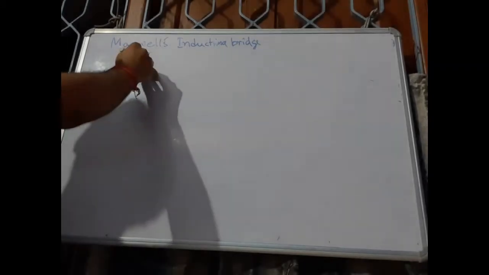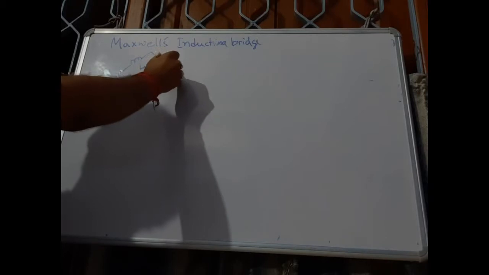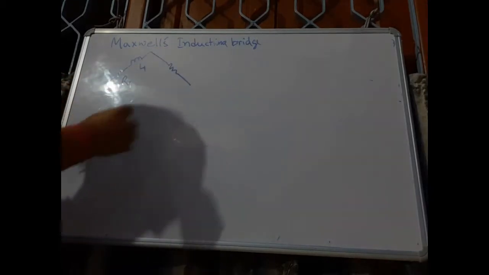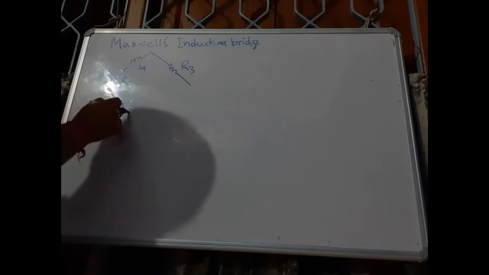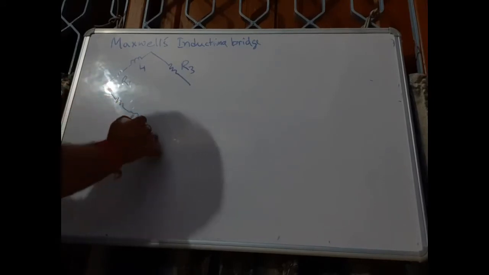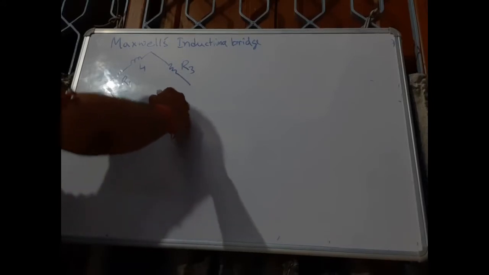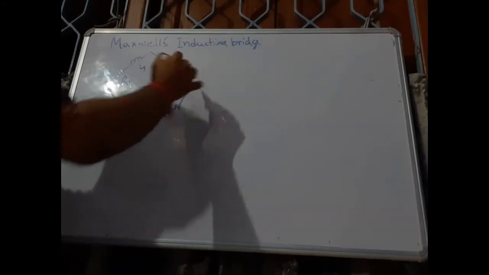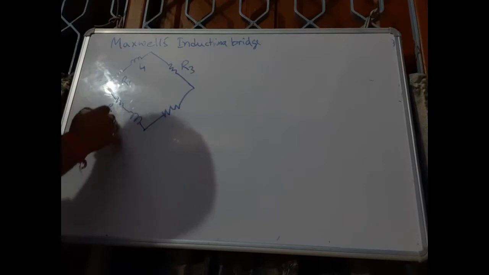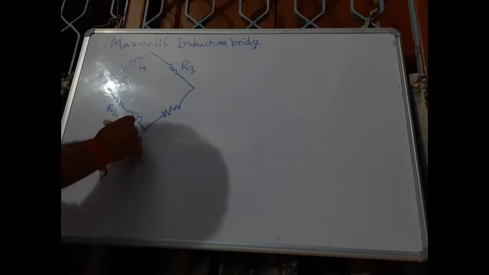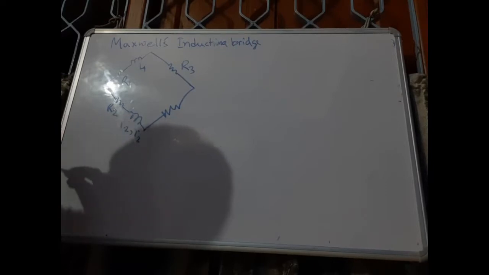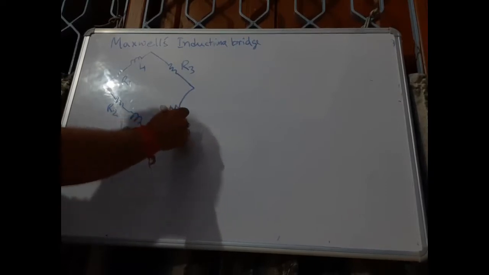R1, L1, and in this arm we have R3. In this arm we have R2 and L2, and this inductor has internal resistance, say small r2, and this is R4.